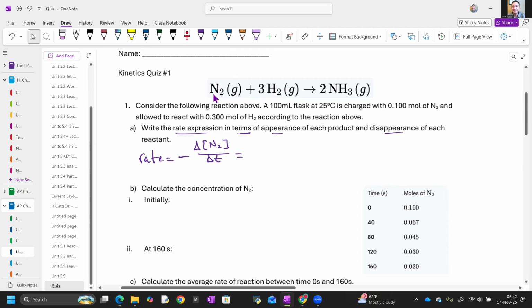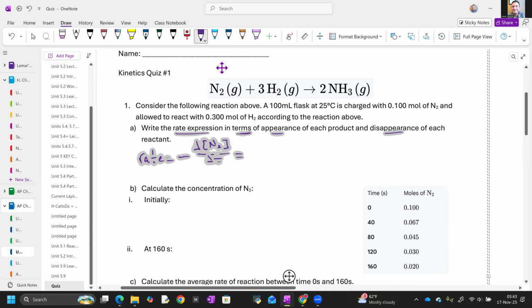We can see that it takes 1 mole of N2 to react with 3 moles of H2. That means the change in concentration of H2 over the same amount of time is 3 times greater than what happens with the change in N2. And so that the rates are the same, we have to account for this coefficient here. We do so by taking the reciprocal of the coefficient.